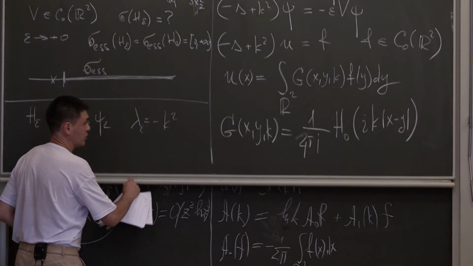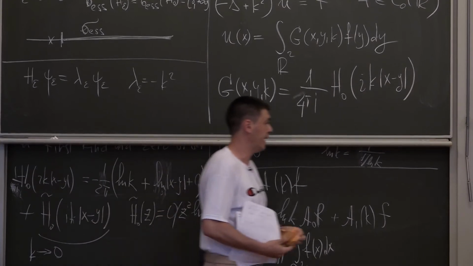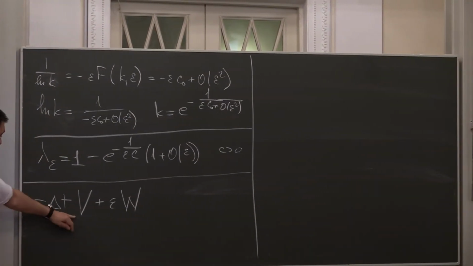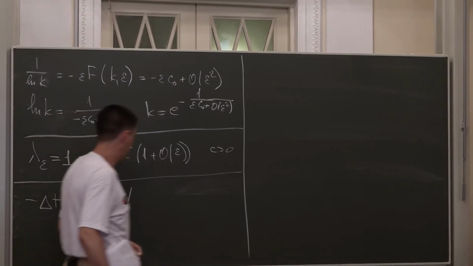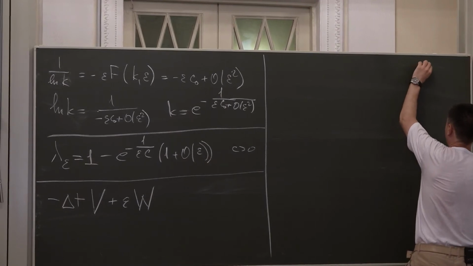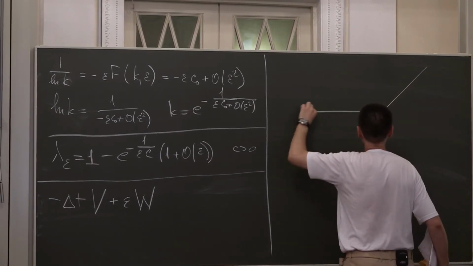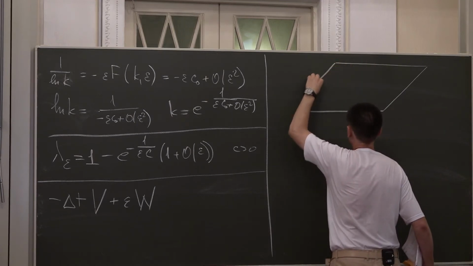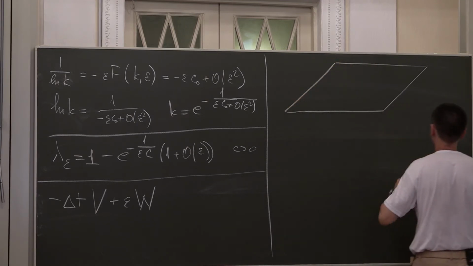For instance, we can also deal with the case where when epsilon is 0, we have not only the Laplacian, but also some potential. And I shall not speak about this model. I shall rather speak about another model, which is a generalization of this waveguide problem which I discussed yesterday.